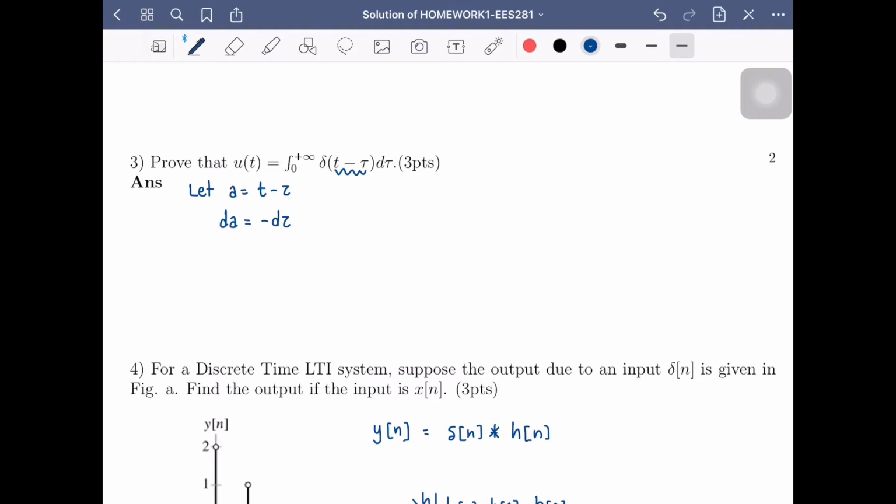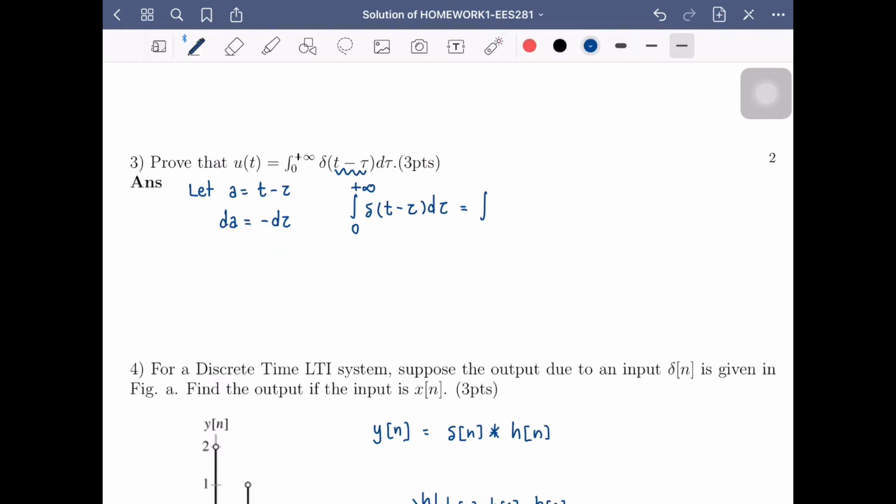After that, we start integrating from 0 to minus infinity of delta(t minus tau) d tau from the equation, and we substitute this.